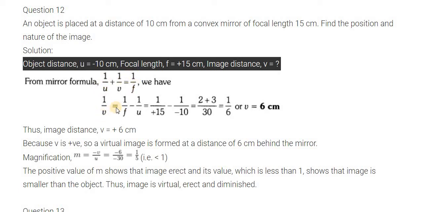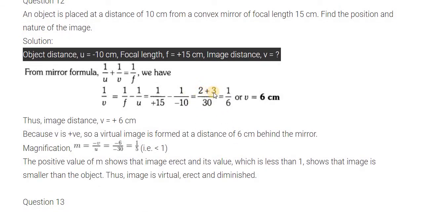So 1 by v is equal to 1 by f minus 1 by u. We have the f value, it's plus 15, and the u value, it's minus 10. So plus minus minus, we are taking the LCM, then 2 plus 3 divided by 30, which is equal to 1 by 6.